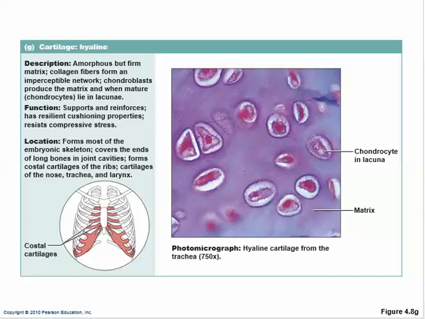It's not very good at putting up with tensile strain, but it is pretty good at compressive, and that's why we use it in joints, because bones tend to push together. The ligaments prevent them from coming apart. So hyaline cartilage is useful for its smoothness. It tends to be very wet, so there's a cushioning. It's almost like a sponge.